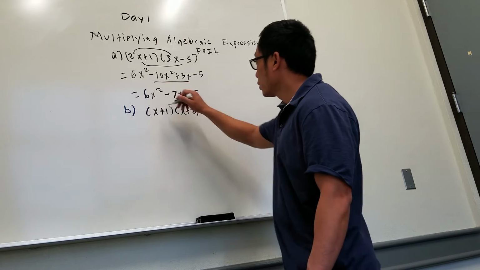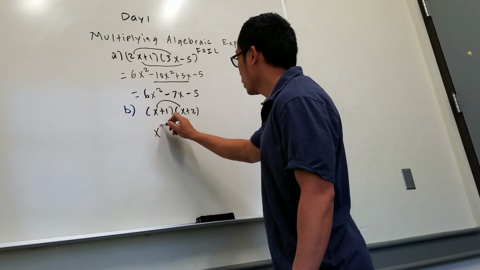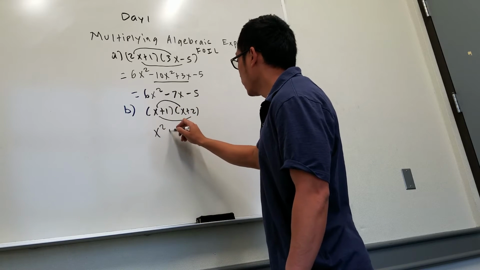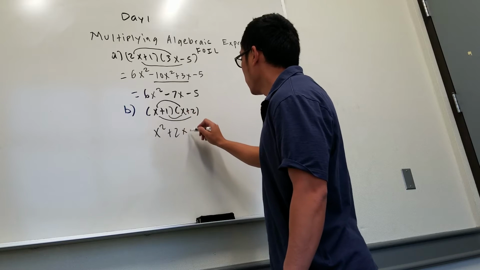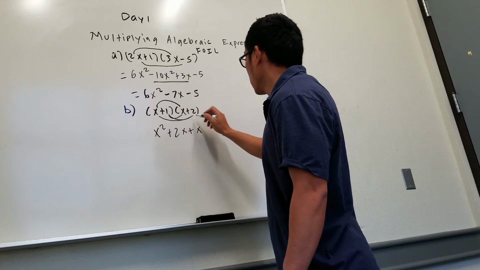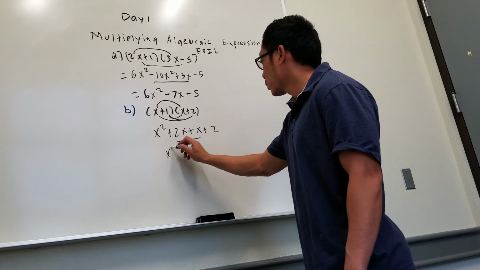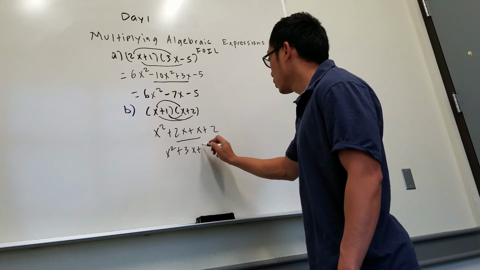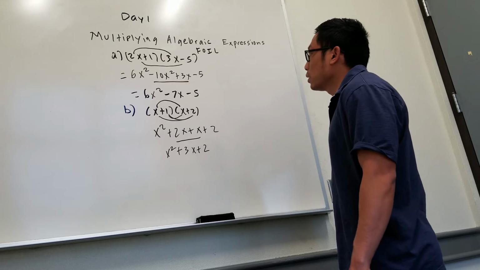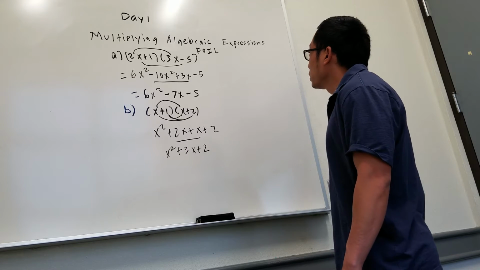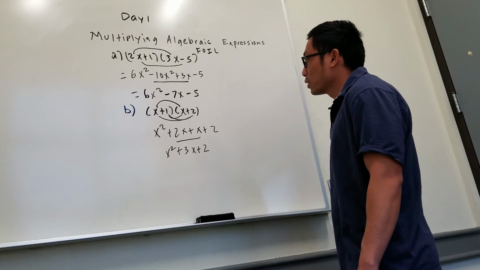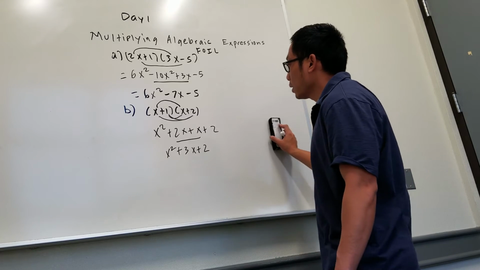So we call it FOIL. First, x times x is x squared. Outer is plus 2x, inner is plus x, last is plus 2. Combining like terms, you have x squared plus 3x plus 2. There you go. So we just multiplied algebraic expressions. Okay, we're moving on to the next topic.